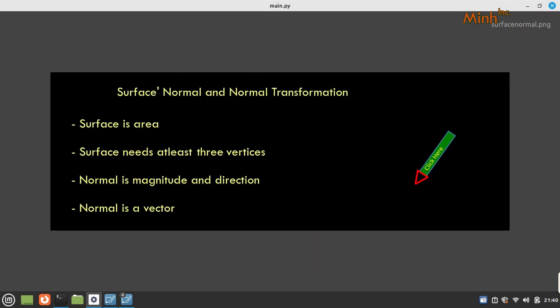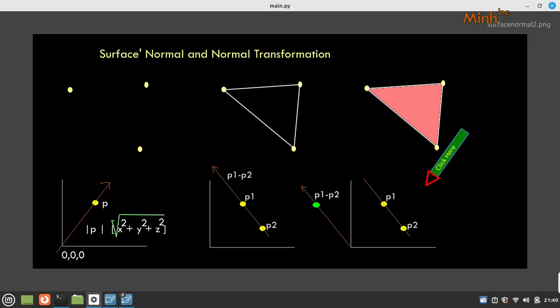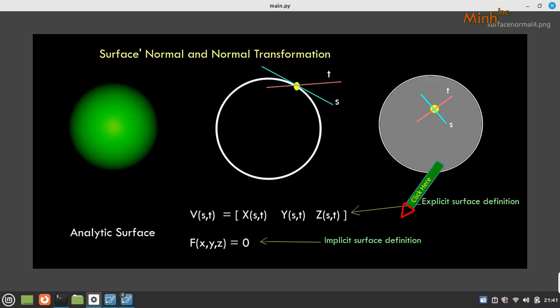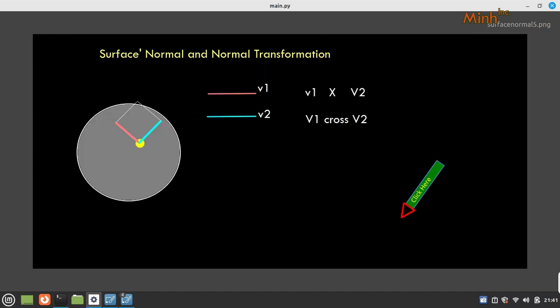Okay, since the beginning we saw how to find the normal. A surface is there and there is a normal, a vector that has a direction. We saw two things: one is analytical surface, one is polygon data. For any analytical surface we can find the normal, for explicit surface definition and implicit surface definition.